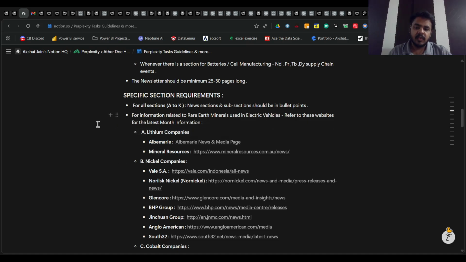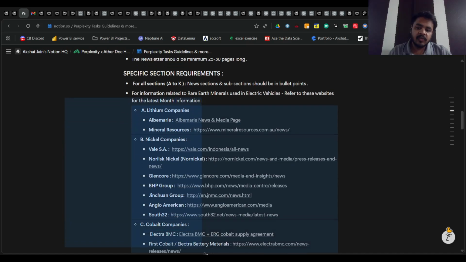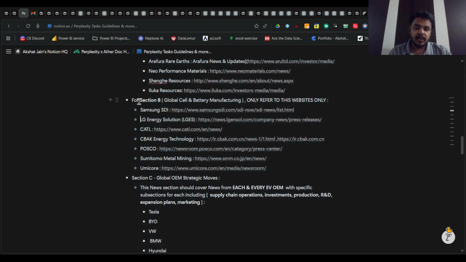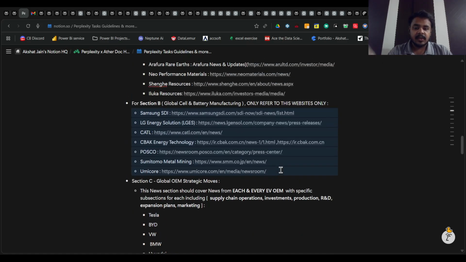So we want that for the rare earth minerals and mining processes. Perplexity should only focus on these websites that we have given to them, right? And for section B specifically, we want this news to be based on only these sections, right? That is what we want.